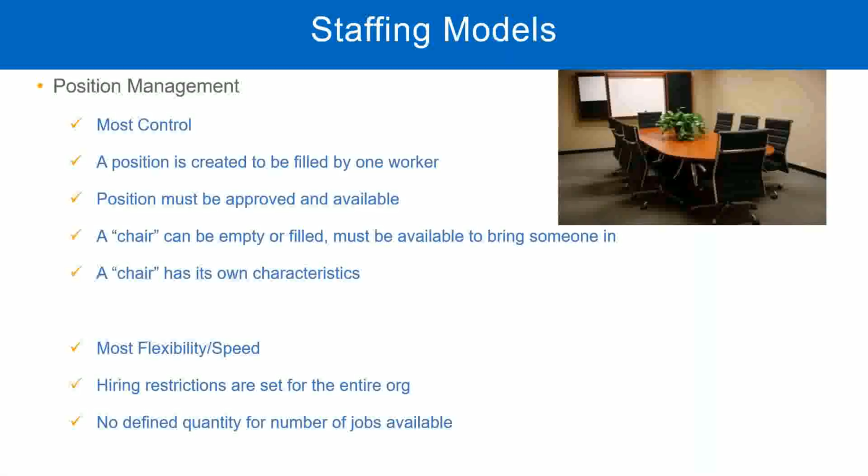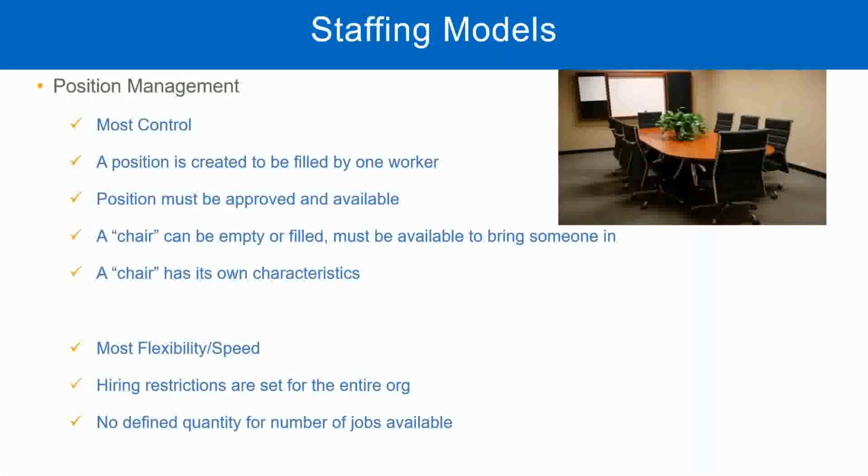It can be a 2-seater, 3-seater, and even huge sofas, and so on, but each chair has its own characteristics, isn't it? Right. Each chair is different. Yeah, literally the positions that we create. Each position will have its own characteristics. Each chair is different. Each position can be different.